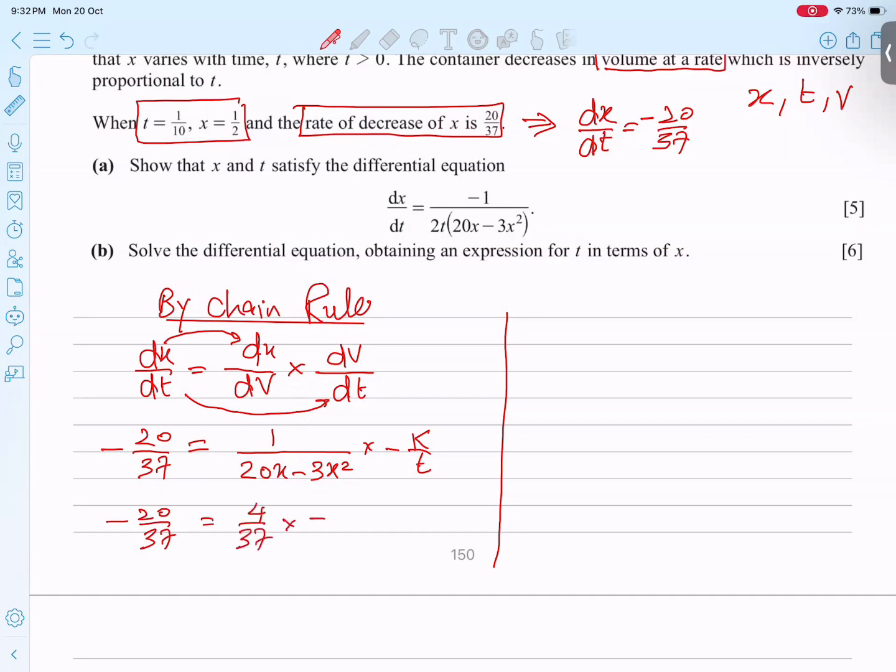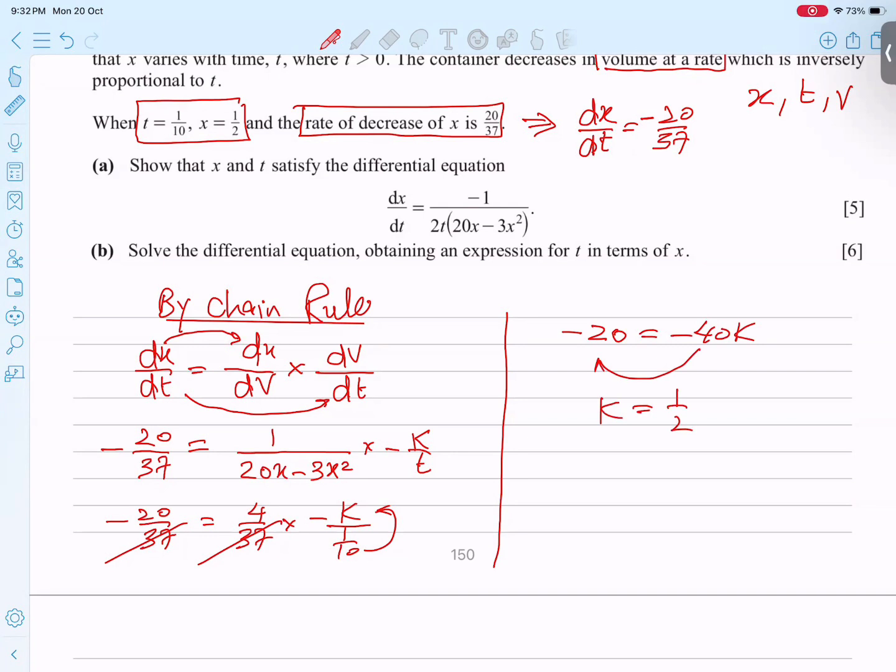And when I plug in this t value, 1 by 10, so basically 1 over 10, it will flip up. The negatives cancel out, 37 cancels out, and we get negative 10k. So we get negative 20 equals negative 40k. It goes down and the k value becomes a half.